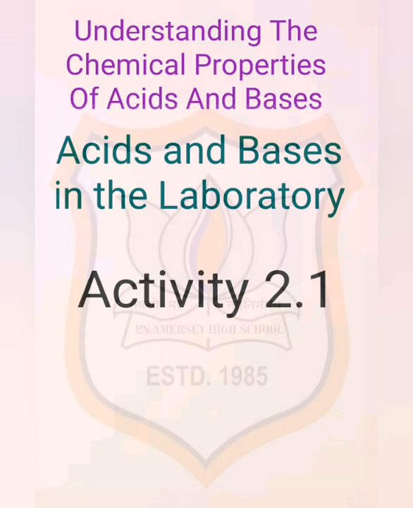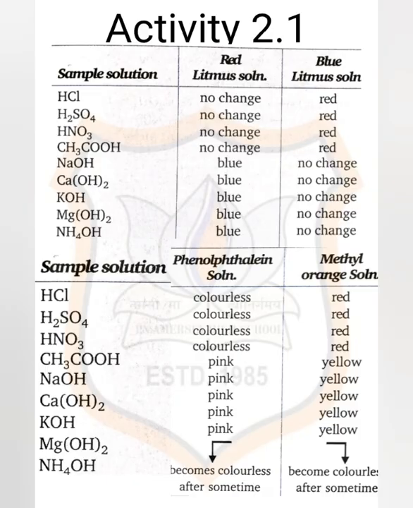So let us discuss one by one. In case of red litmus paper, there will be no change with acids like hydrochloric acid, sulfuric acid, nitric acid and acetic acid. While in case of bases, that is NaOH, Ca(OH)2, KOH, that is potassium hydroxide, Mg(OH)2, that is magnesium hydroxide, and NH4OH, that is ammonium hydroxide, all these bases turn red litmus paper into blue.